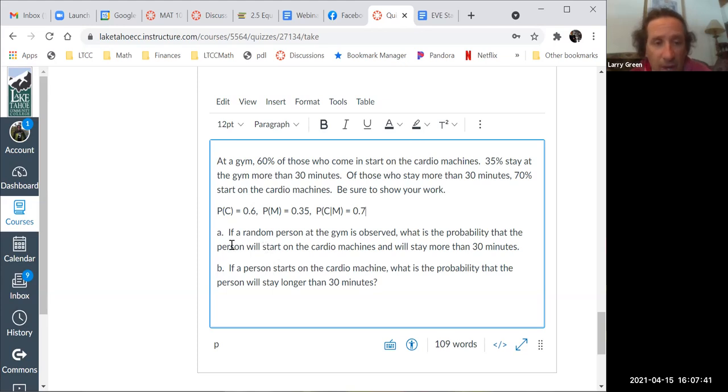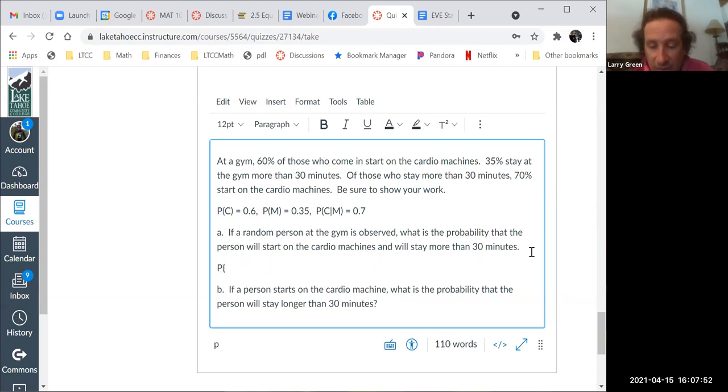Okay, so now part A. If a random person at a gym is observed, what is the probability that the person will start on the cardio machines and will stay more than 30 minutes? What is that in symbols?